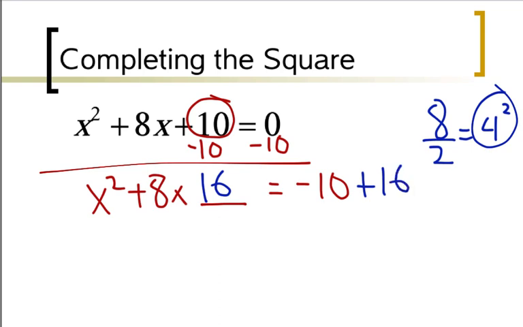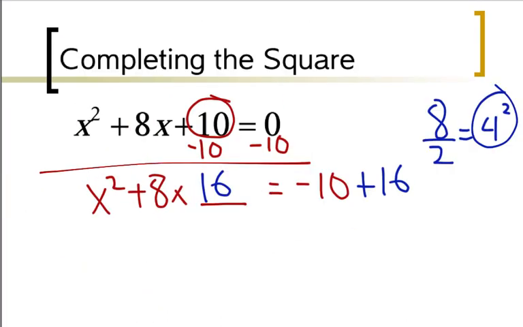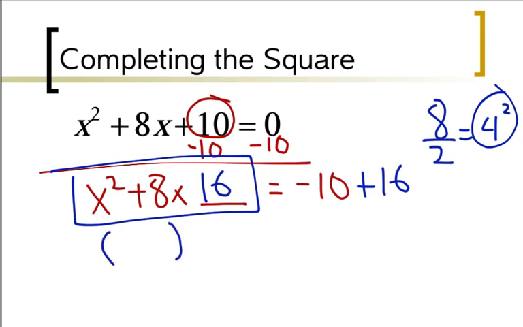Okay? So now what it says is we're going to factor and then solve. So let's factor first. So what I'm talking about factoring is this left-hand side should factor. And it's going to factor, you could use the magic x, but it would be a long process. It's going to factor really nicely.